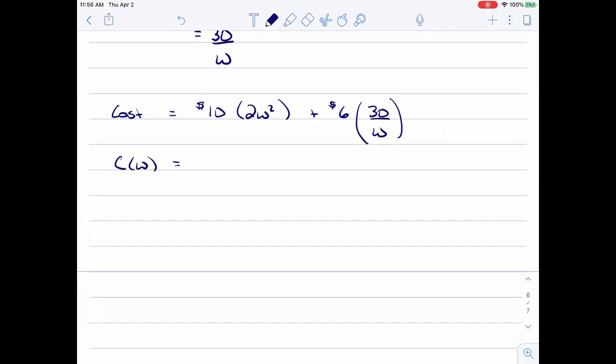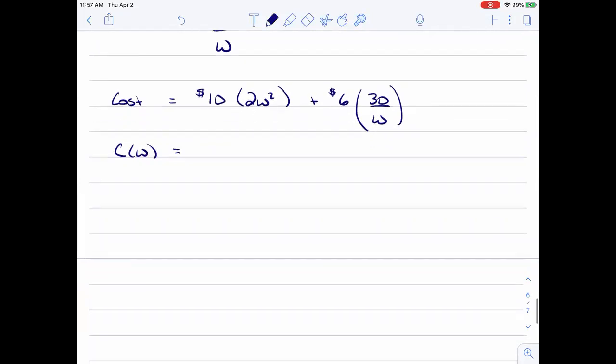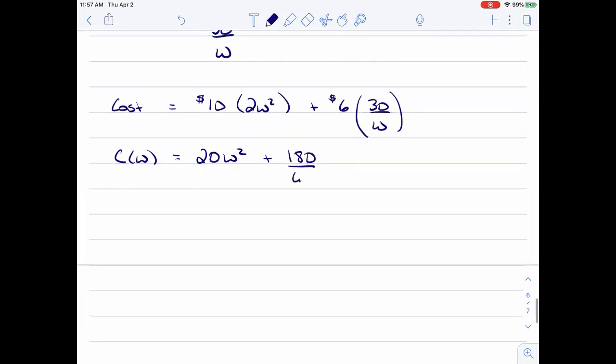If I just ditch the units for a little bit, because it's obvious that cost should be in dollars, or whatever currency you're working in, it's 20w squared plus 6 times 30, which is 180 over w. So this is my cost function.